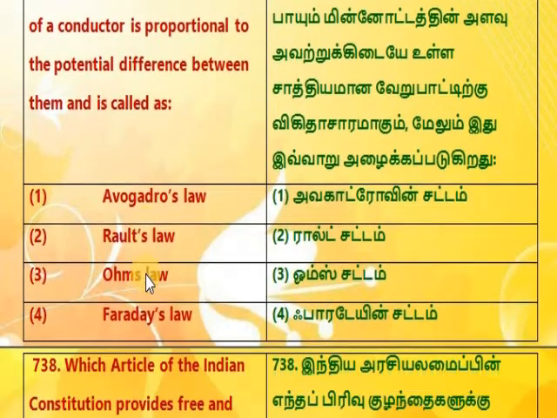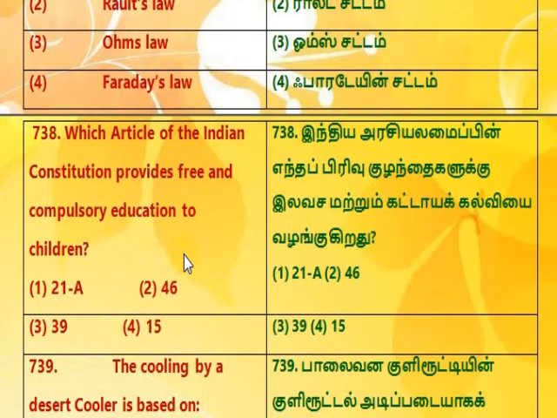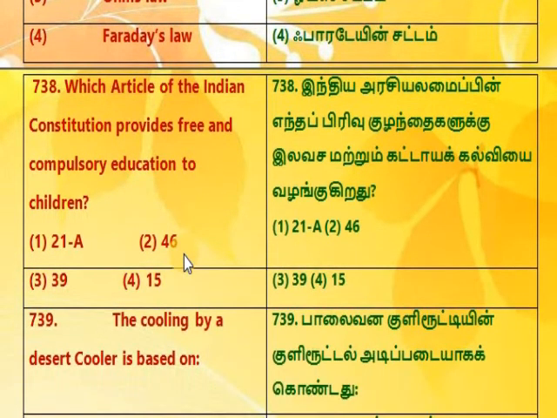Avogadro's law, 2. Raoult's law, 3. Ohm's law, 4. Faraday's law. 738. Which article of the Indian Constitution provides free and compulsory education to children? 1. 21A, 2. 46, 3. 39, 4. 157.